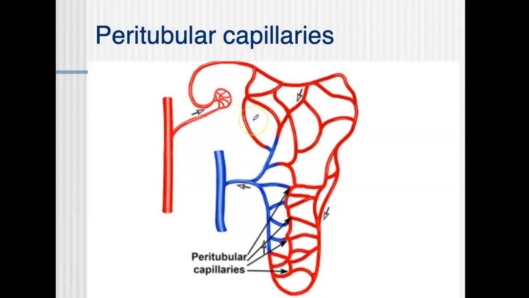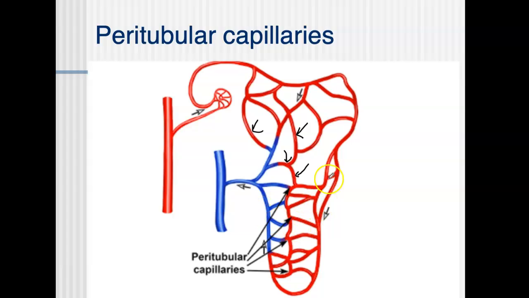So if I'm going to reabsorb in the nephron some of that fluid that you filtered out, and reabsorbing means you're going to take it away from what was going to be urine and reclaim it back into the blood. Well, if you're going to reclaim it back into the blood, then these little vessels need to be there for you to be able to do that, to reclaim back into it once it leaves the nephron.